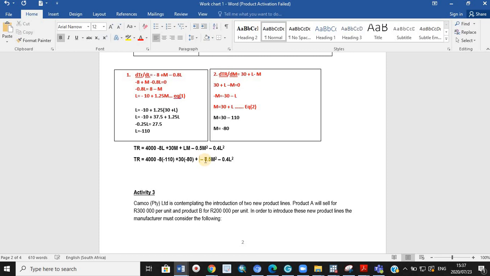Okay, plus minus 10 times minus 80. All right, this is going to be M is minus 80, and this L is minus 110.